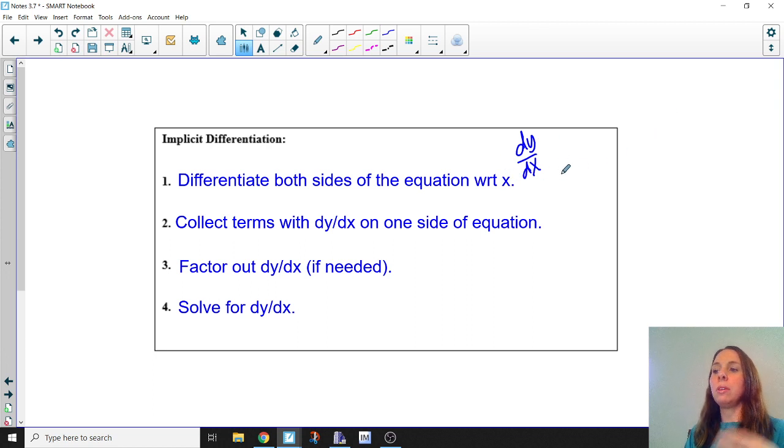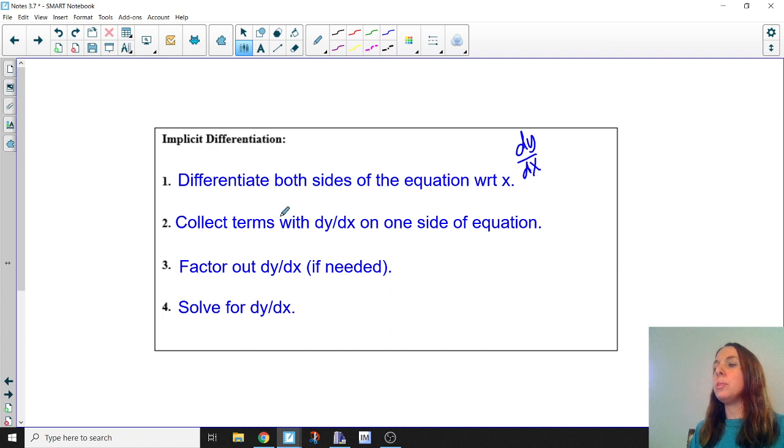Now, if we have equations of other variables, we'll talk about that. It's basically you're identifying what is the variable you were differentiating with respect to, and then if it is a different variable, you multiply by this derivative notation. Right now, most or all of our examples are going to be in x and y form.